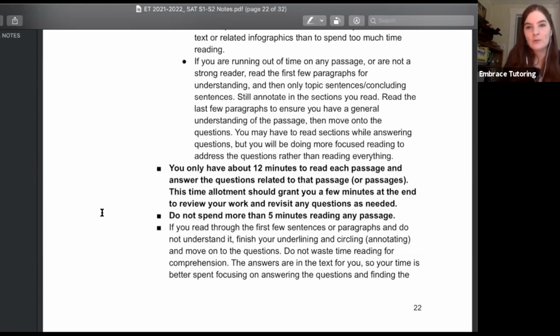Don't waste the time doing extra reading for this particular test.